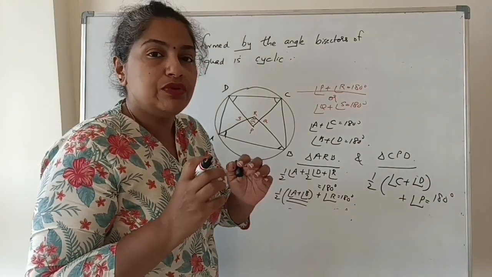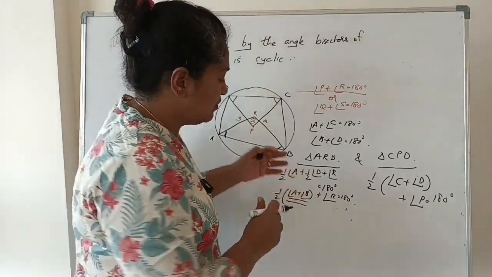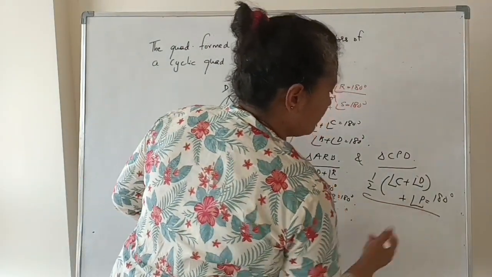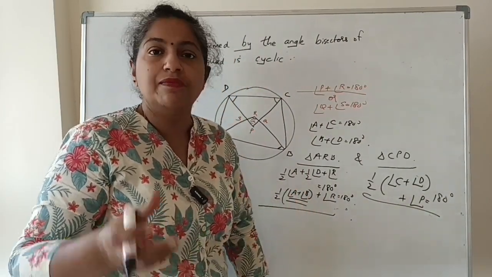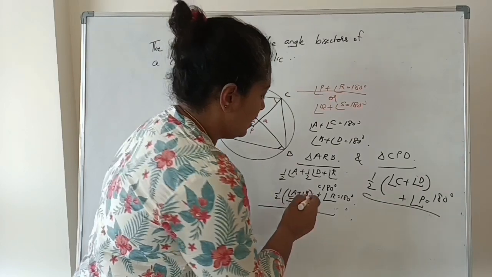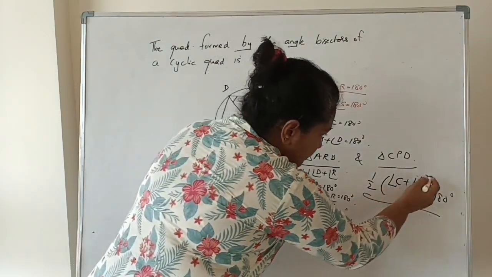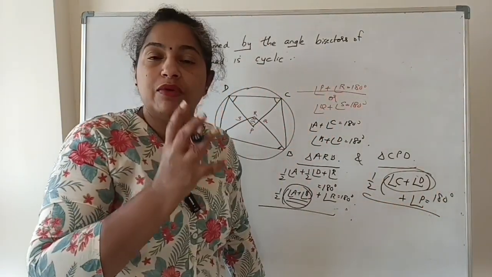Okay. Now I am going to add the two statements, because keeping the statements like this, I am not able to deduce anything from it. So I will add them. The reason being, when I am adding them, I will get these four angles inside my equation.